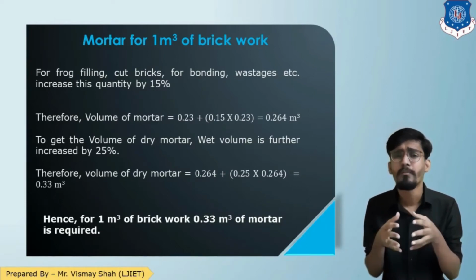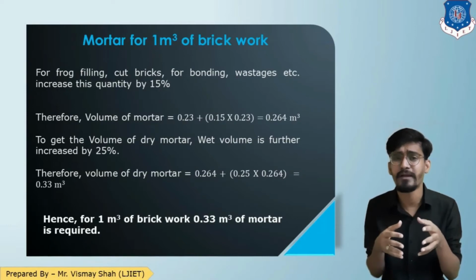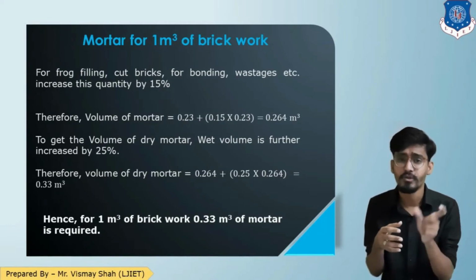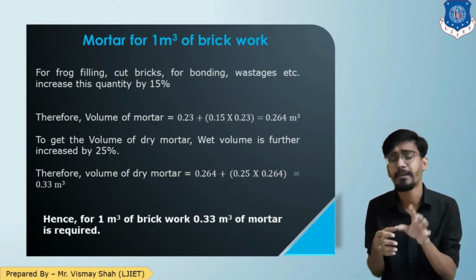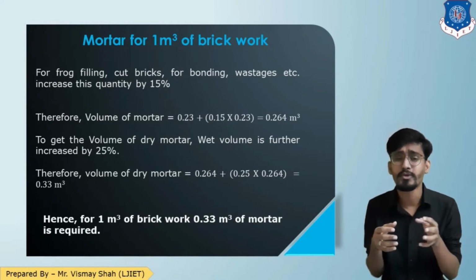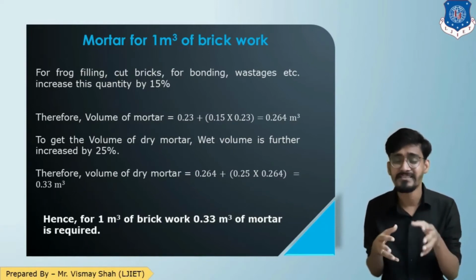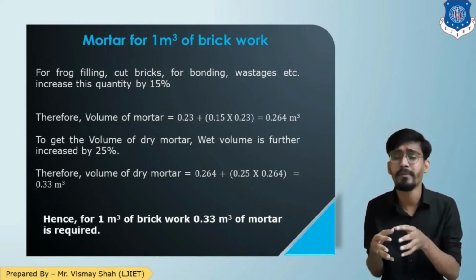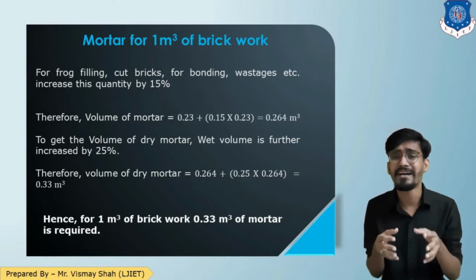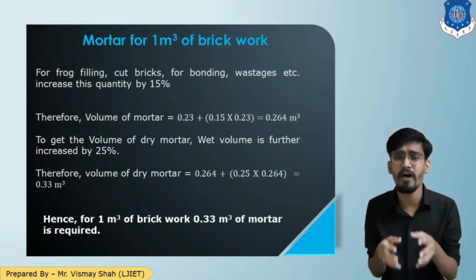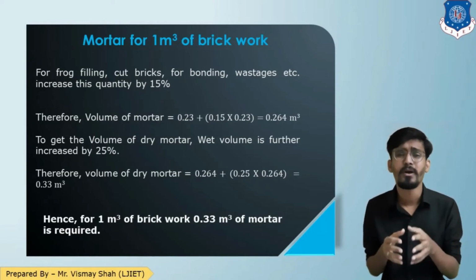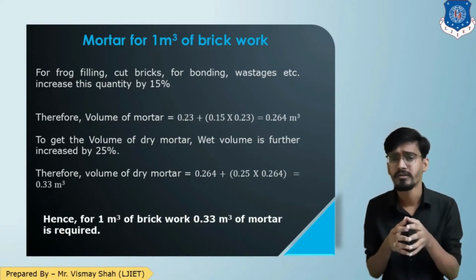So 0.264 plus 30% of that 0.264 will give us 0.33 cubic meter, and that is our answer. Hence 0.33 cubic meter of mortar is required for 1 cubic meter of brickwork. I hope we are clear up to this point.